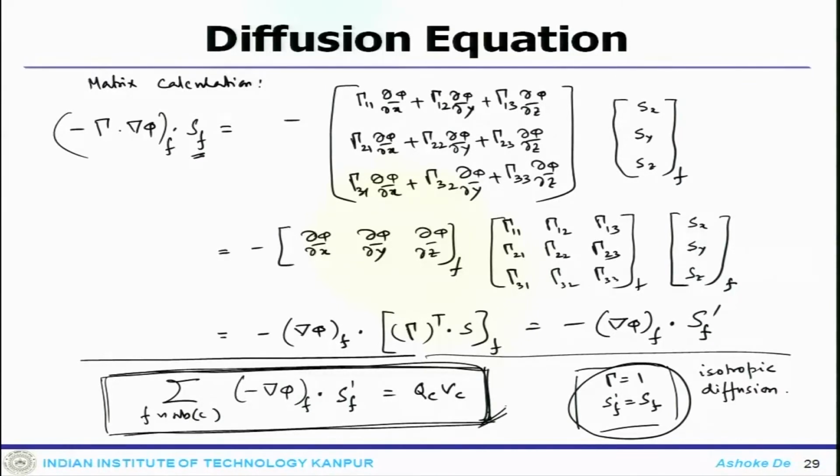Likewise, isotropic diffusion is one special case of anisotropic diffusion.